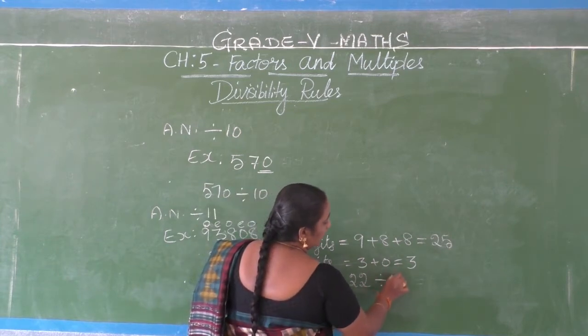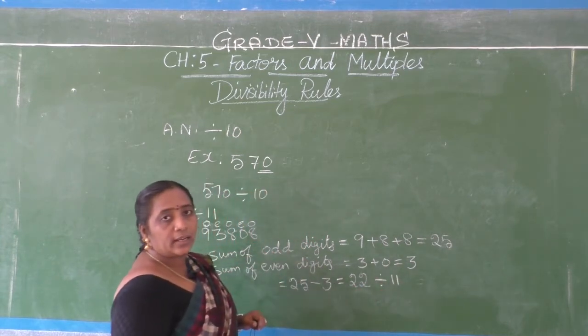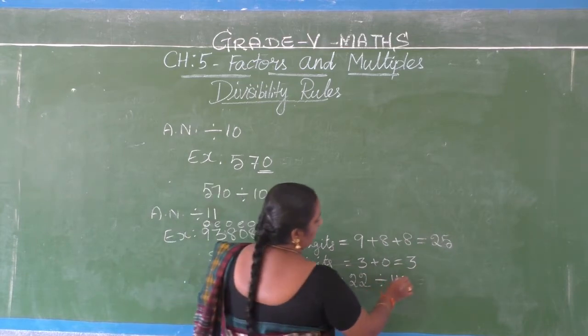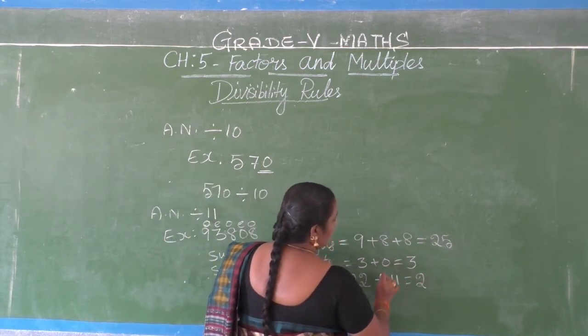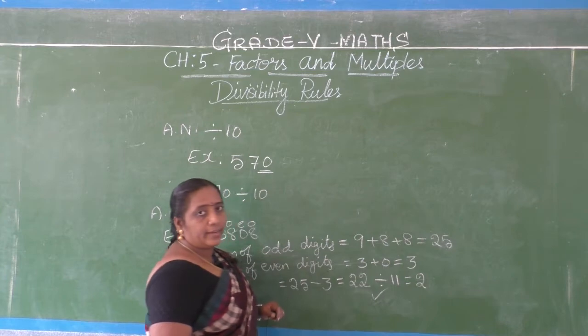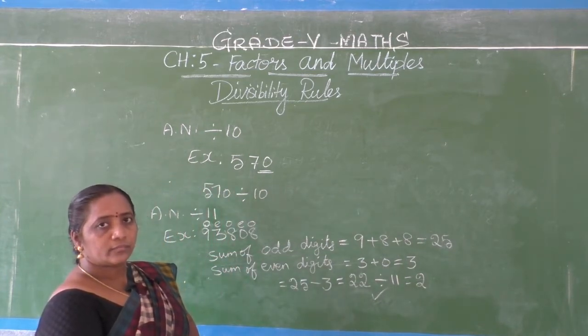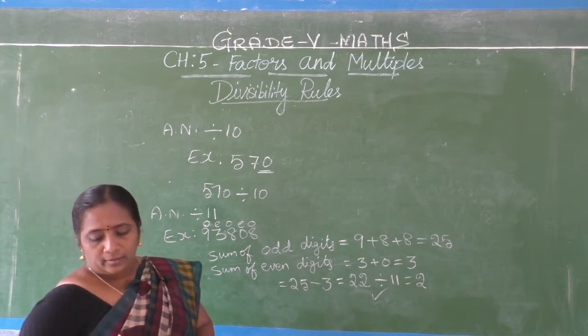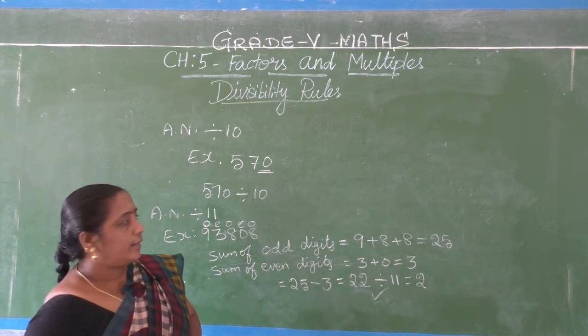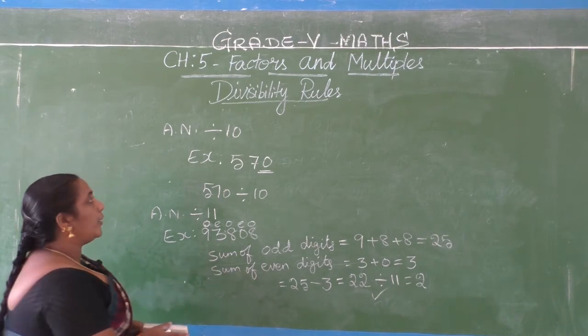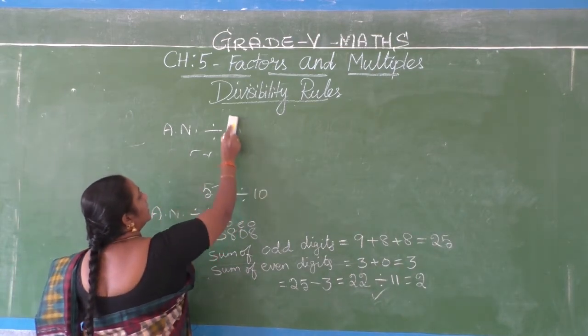Divisible by 11 means how many times will it come? 2 elevens are 22. Yes, this number is divisible by 11. Okay, do you understand or not? Are you clear?